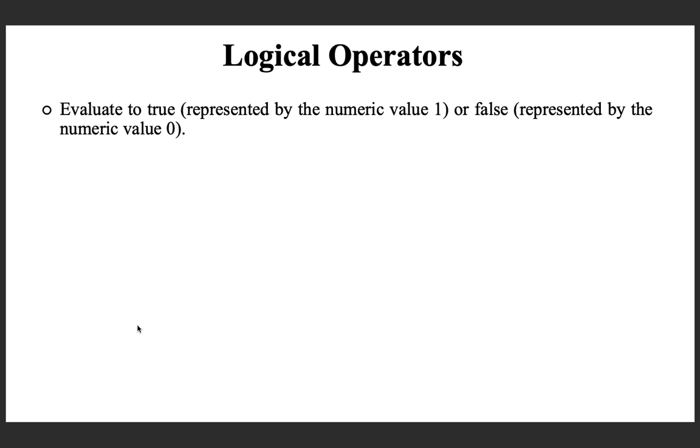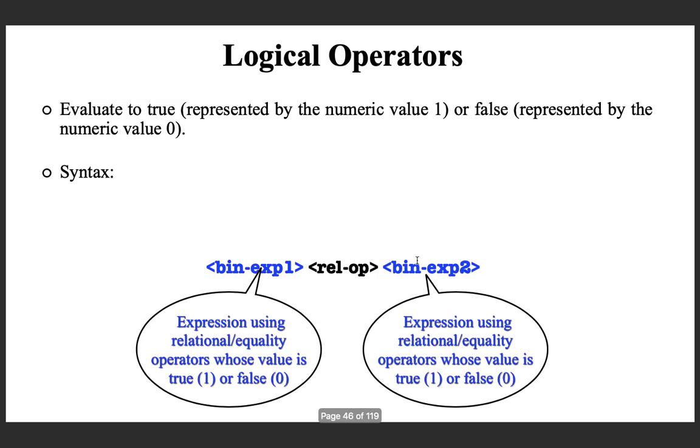If you recall what we did, the expression which is formed using a logical operator evaluates to either true or false, similar to a relational expression. And here the syntax is this. The operands are binary, that means each must evaluate to either true or false. So it can be an expression using any of the relational operators, that means less than or equal to, greater than or equal to, or the equality operators.